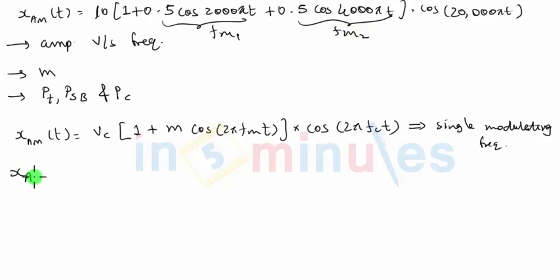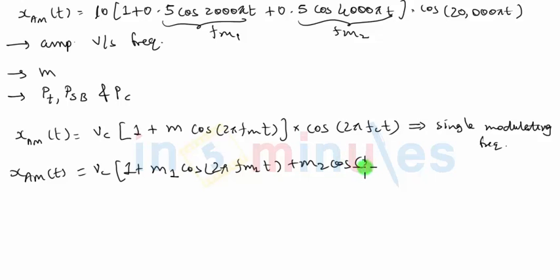So the general form that we will have to use for the given expression must have two cosine terms inside the bracket. So we'll make it M1 cos 2 pi fm1 t plus M2 cos 2 pi fm2 t, and this should be multiplied by the carrier term which remains outside, cos 2 pi fct.